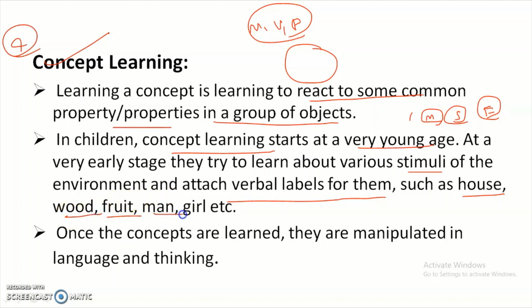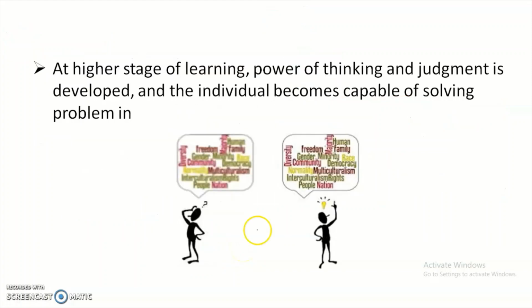Also wood, man, girl, etc. Once the concepts are learned, they are manipulated in language and thinking. So whenever concepts are learned, they can change their language or their level of thinking.